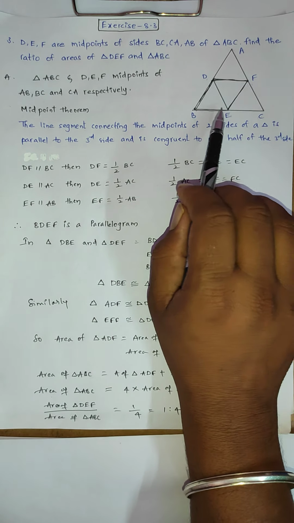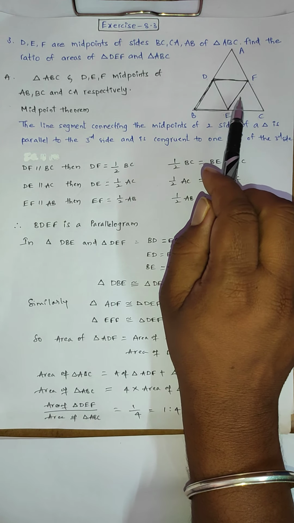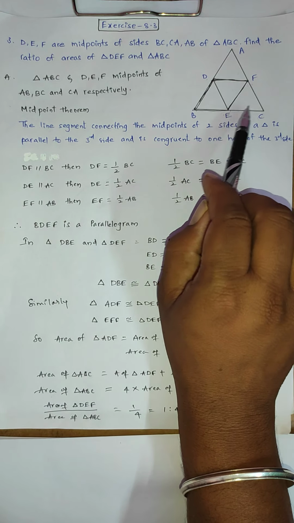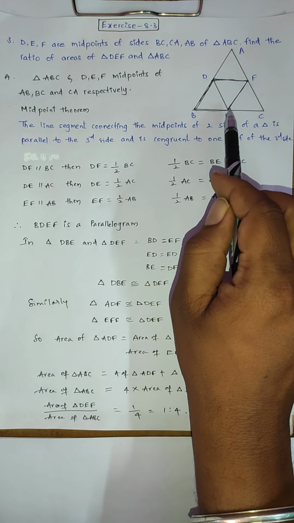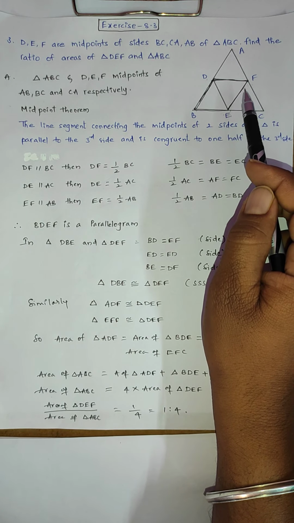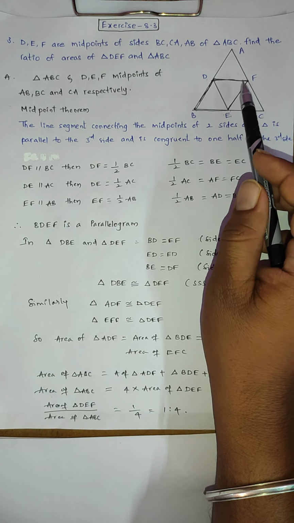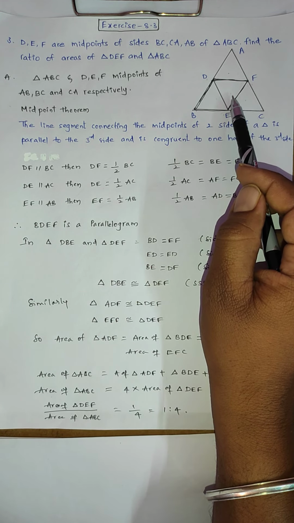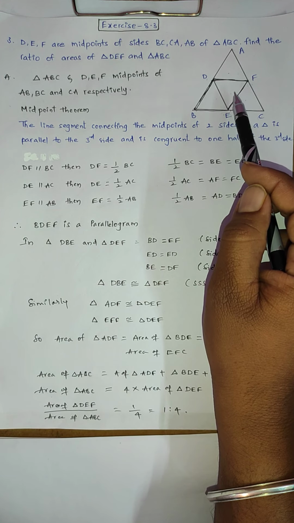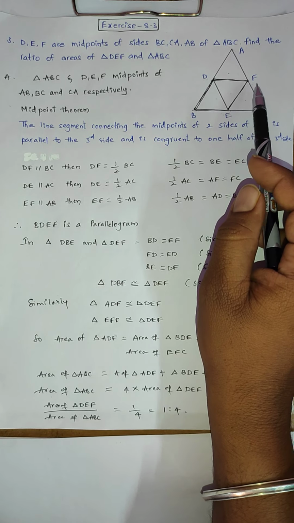In this way, DECF is also a parallelogram, and ADEF is also a parallelogram. Using all of these concepts, we can conclude that these four triangles are congruent to each other. Means all these four triangles' areas are the same.